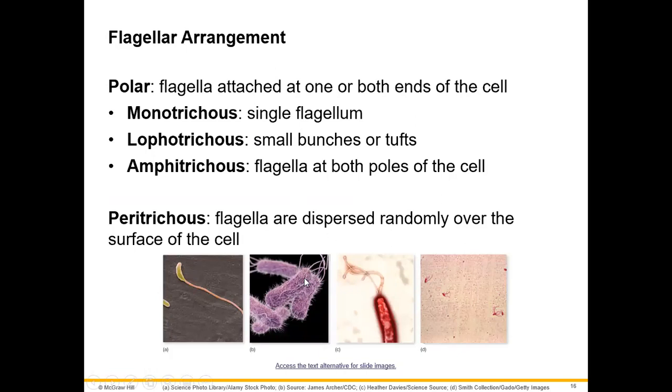So bacteria here would be lophotrichous. If they have flagella at both ends, they're called amphitrichous. And if they have flagella, a little hard to see, dispersed randomly around the surface, they are peritrichous.